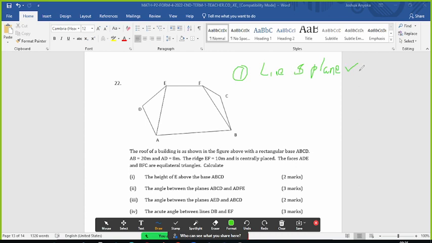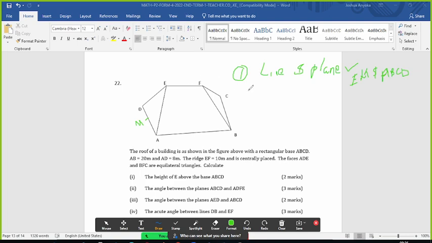For example, if this is M, which is the midpoint, the line EM and the plane ABCD.